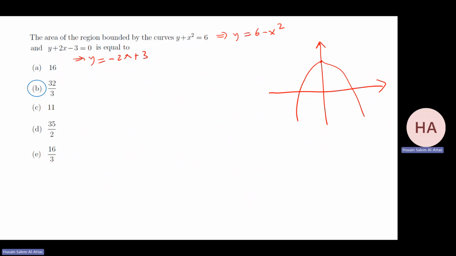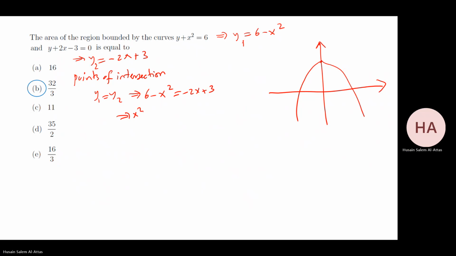Now the point of intersection. Let me find the point of intersection. It means this is y1, this is y2, and y1 equals y2. So I have 6 minus x squared equals minus 2x plus 3, so x squared minus 2x minus 3 equals 0.